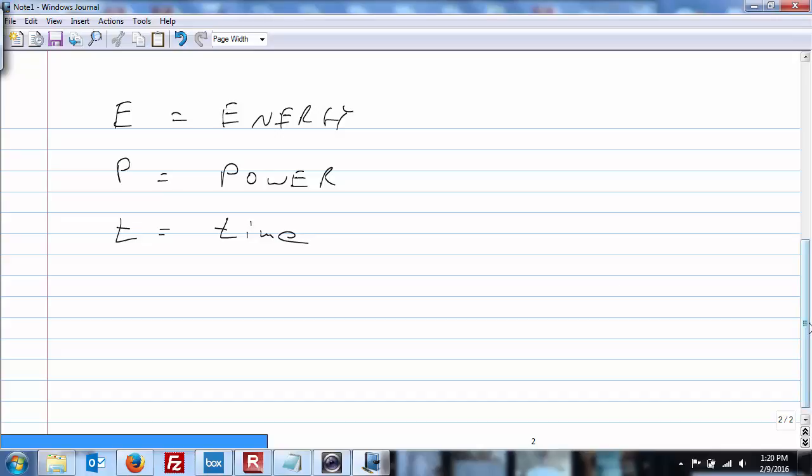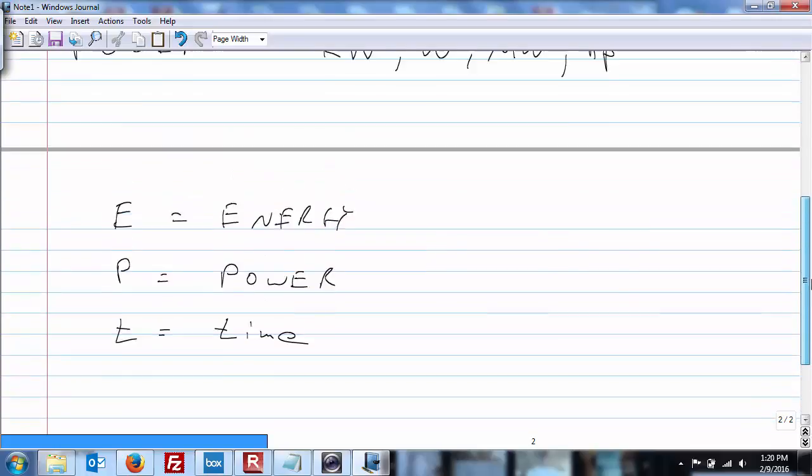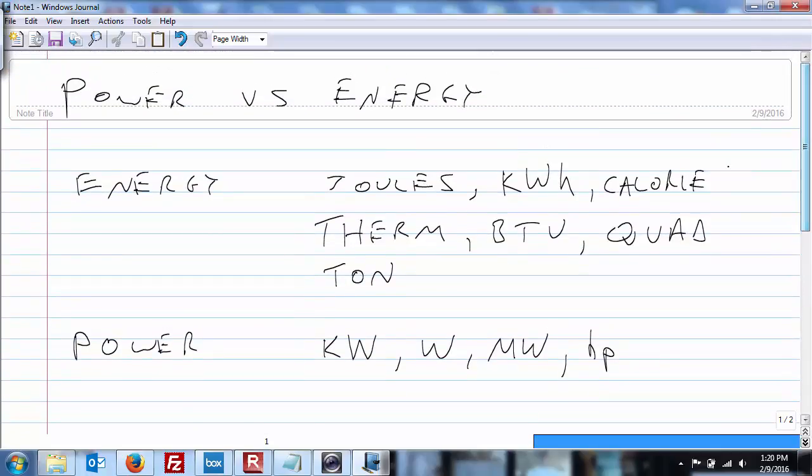Going back up here, this first page actually is going to give us a little bit of a clue. Look at that kilowatt hour for energy and the kilowatt for power. What am I going to multiply by what to get energy? Power times time is energy.